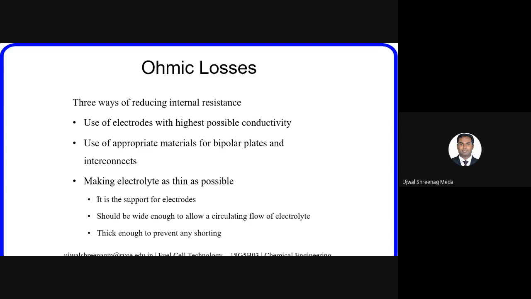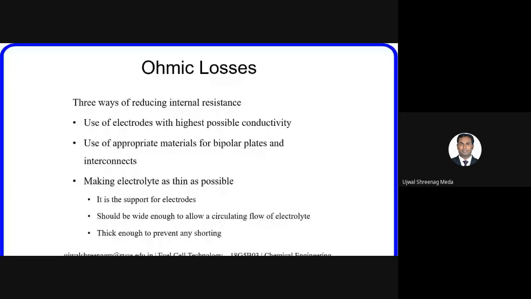So choice of material is always a challenge and plays a very important role. By choosing the right material, the internal resistance, or resistance offered for the flow of electrons, can be reduced.